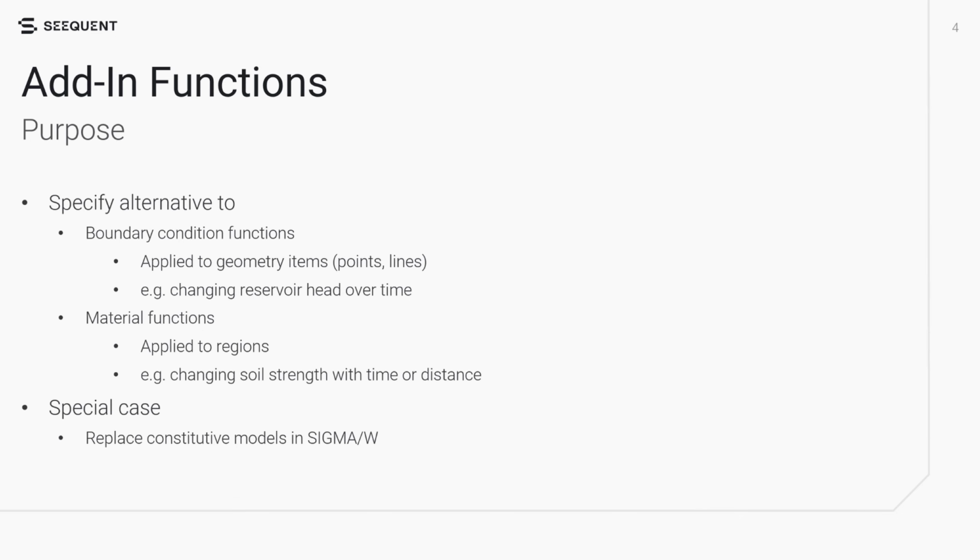Add-ins allow users to integrate specialized models, boundary conditions, material functions, and customize workflows into GeoStudio that are tailored to unique project needs. Boundary condition functions are applied to geometry items, such as points or lines. An example of an add-in function that could be developed for a boundary condition is a function specifying the total head in a reservoir that changes with time over the simulated period.